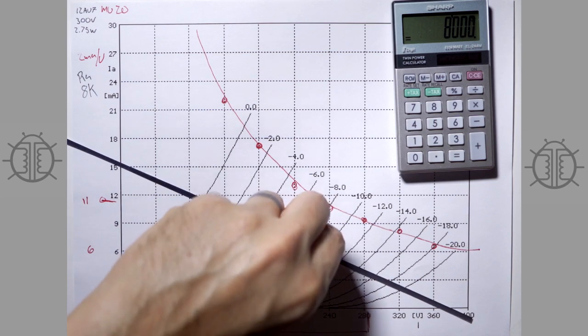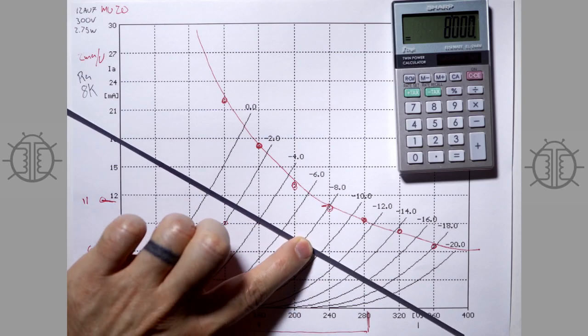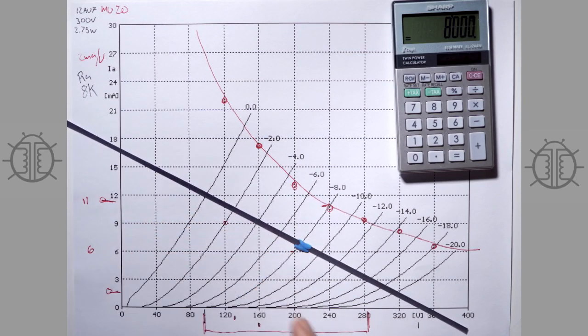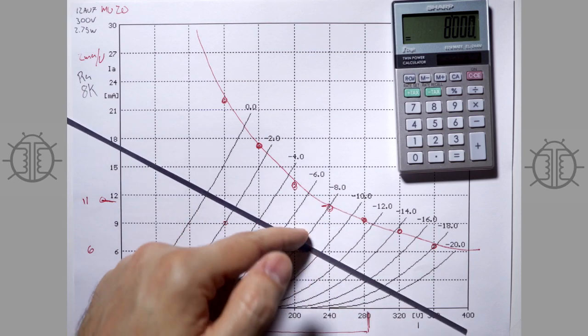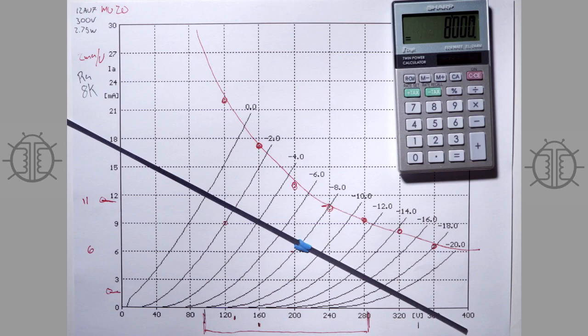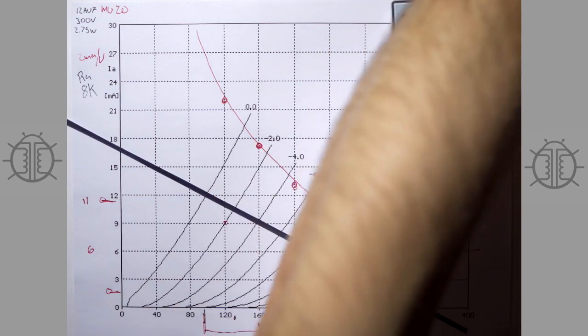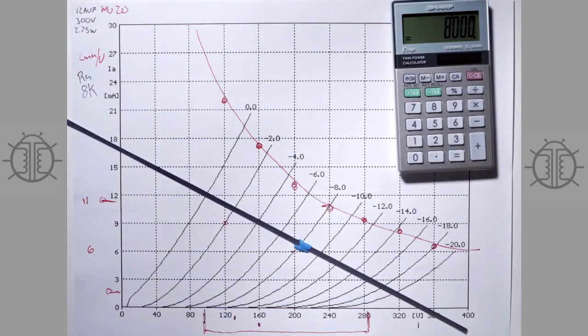Anyway, so here we are back at our load line. We've got our operating point. You can see we can move our operating point anywhere we want along this load line, and we can change the angle of our load line by changing our load resistance. Now remember that of a driver stage, the load resistance is not just the load resistor.